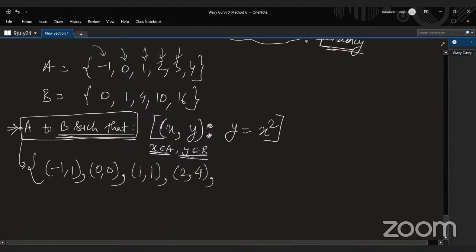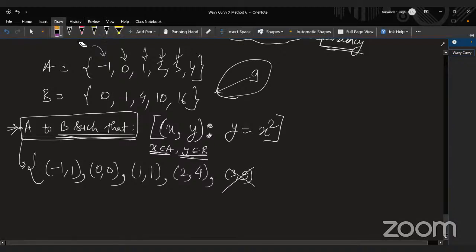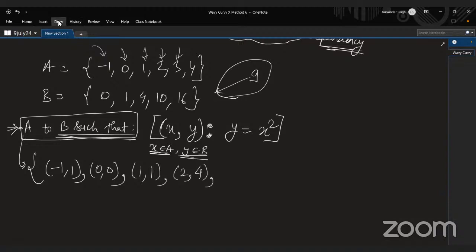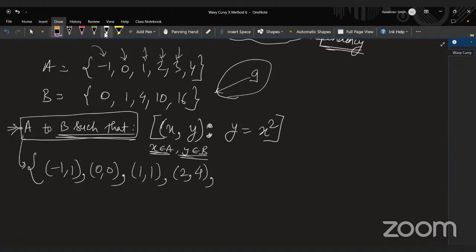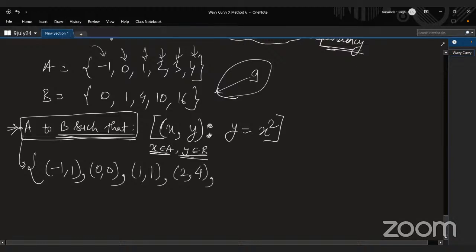Now I will come to 3. Now what happened? The square of 3, which is 9, is not there in this set, poor thing, 9 is not in this set. So 3, 9 can't be inserted here because 9 is not a part of B. 9 should have been a part of B, I could have inserted it. I came over here, 4, yes, 16 is there.